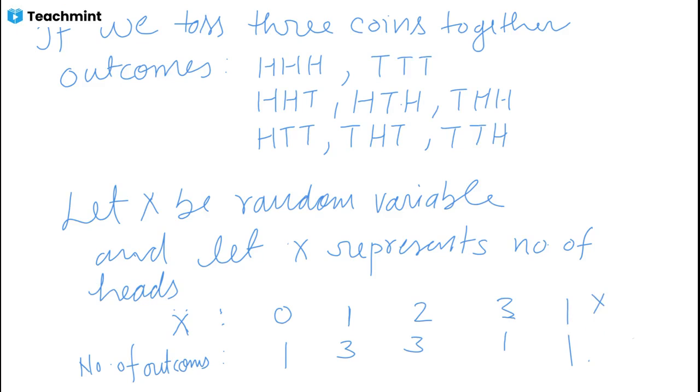If we take 0 to 1 hat, 1 to 2 hats, 2 to 3 hats, then we can say this is a continuous random variable. And if we have individual values, then this is a discrete random variable. Are you getting this point? Yes, ma'am.